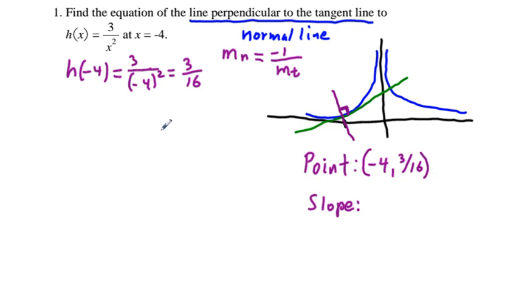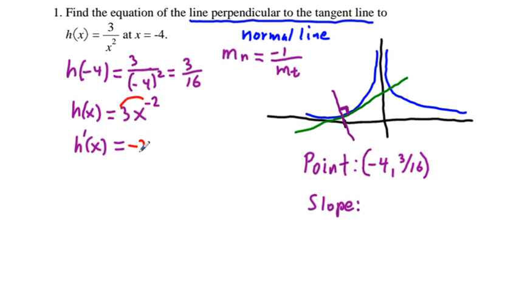And now we need to find the slope. Well, to do that, I'm going to take this h of x function and rewrite this as 3x to the -2 power. And then if we go ahead and differentiate this and make this h prime of x, we're going to take this -2 and multiply it out front.